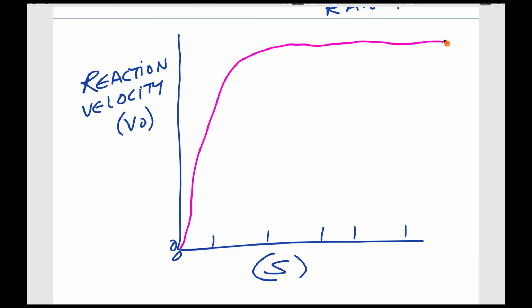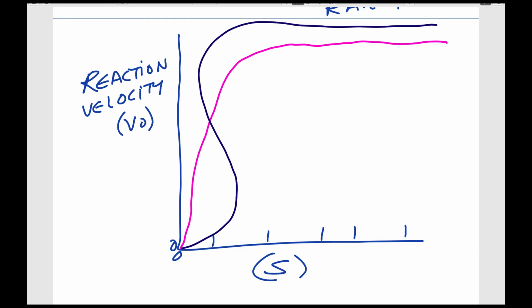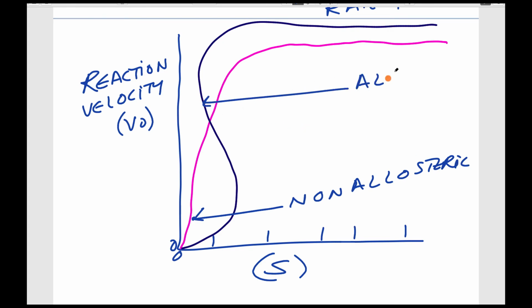This one is for the non-allosteric enzymes, whereas this one is for the allosteric enzymes.